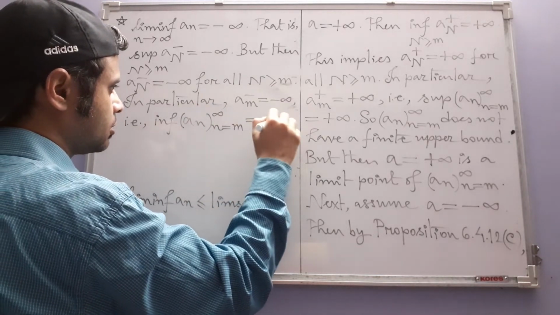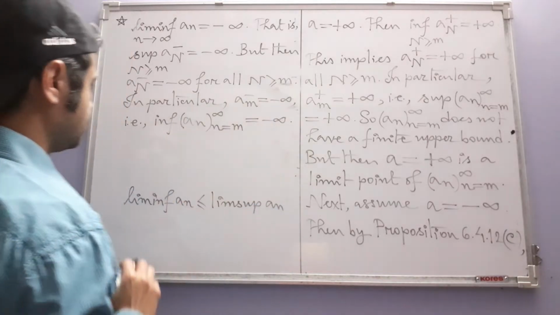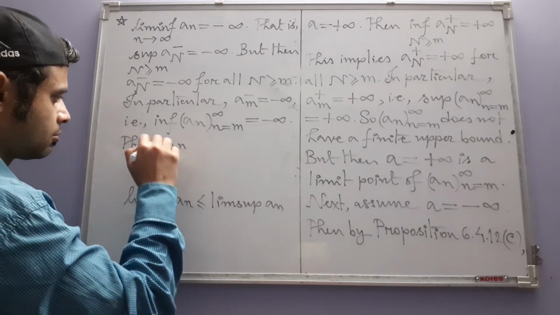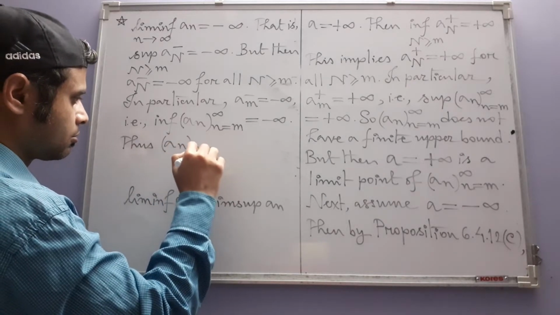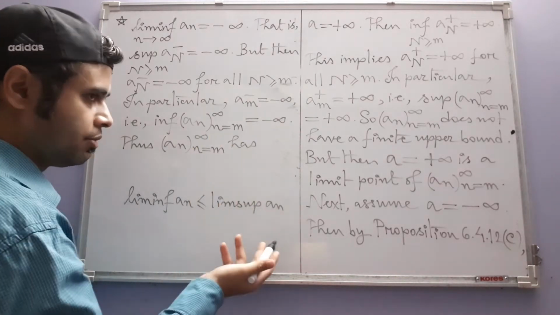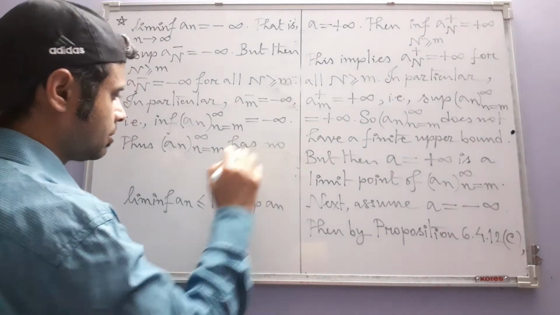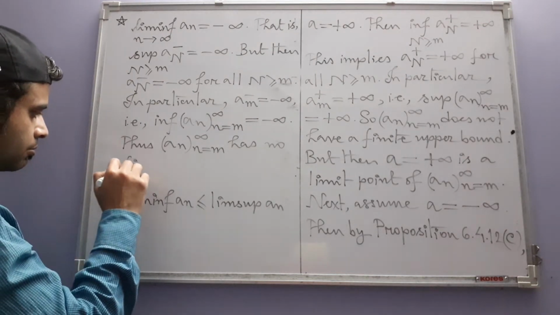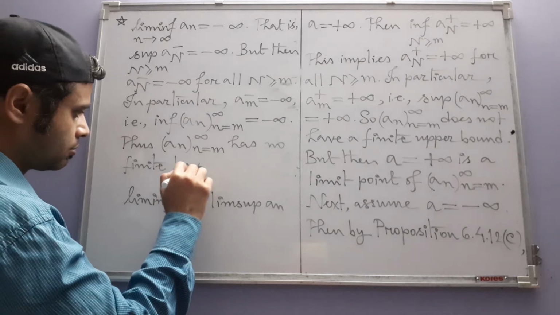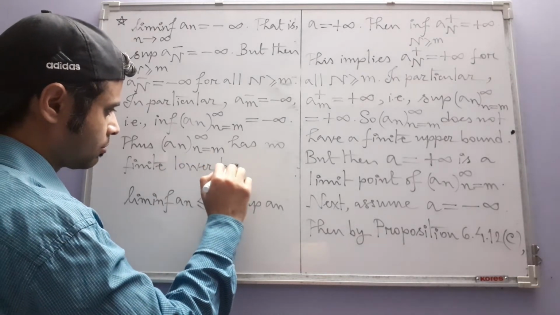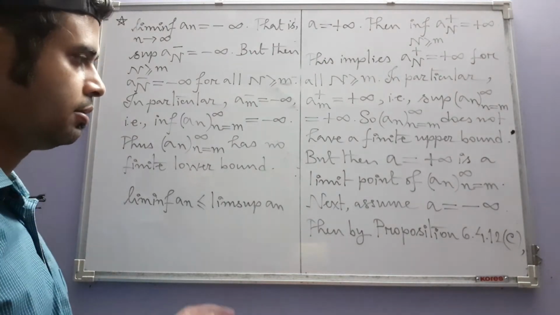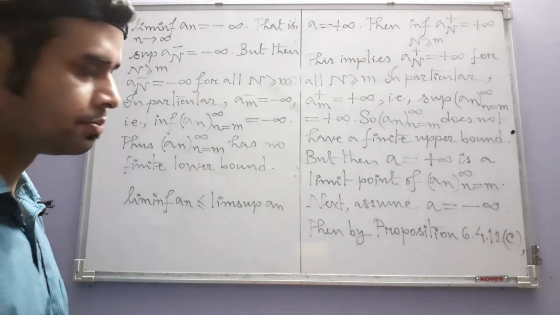This is equal to minus infinity. Thus, because the infimum is minus infinity, our sequence has no finite lower bound. Or saying more loosely, it is not bounded below.